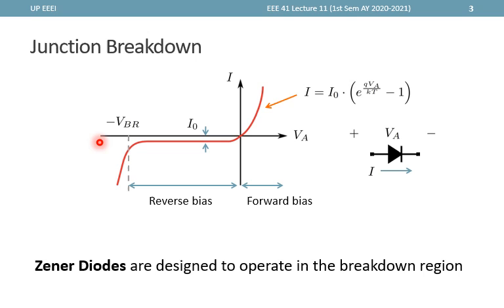What's the main application, or why do we want to be at the breakdown region? It's because the slope here is actually steeper than the slope here, and therefore in terms of our approximation, this actually looks like a constant voltage source more than this region here. So if we want the diode to look like a voltage source, the region here is actually better.